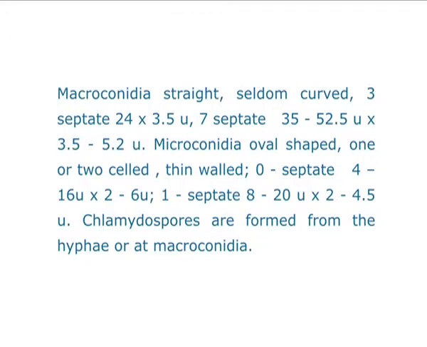Microconidia oval shaped, 1 or 2 celled, thin walled. 0 septate size is 4 to 6 micron into 2 to 6 micron. 1 septate size is 8 to 20 micron into 2 to 4.5 micron. Chlamydospores are formed from the hyphae or at macroconidia. So this is about the character of this pathogen.